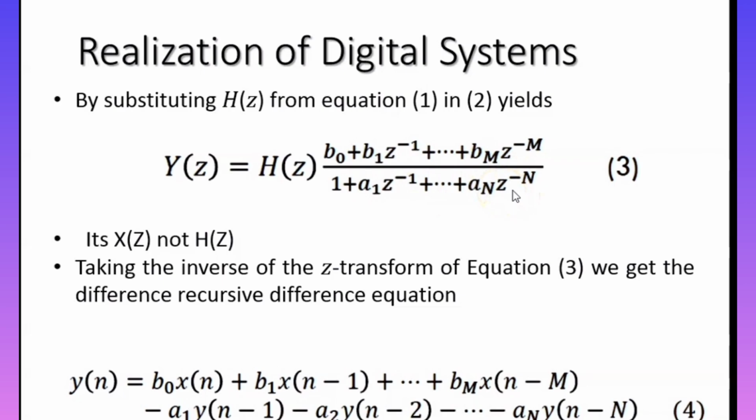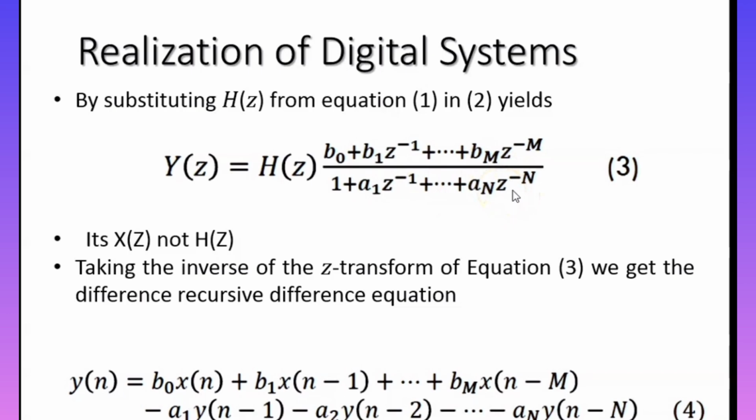Next, z power minus 1 means it becomes x(n minus 1), multiplied by b1.